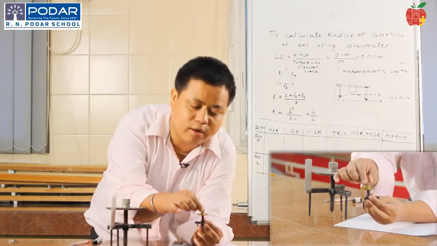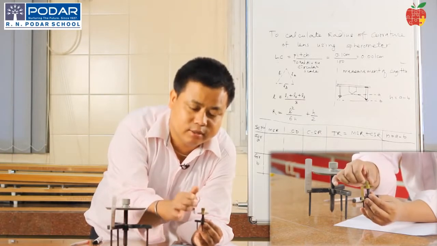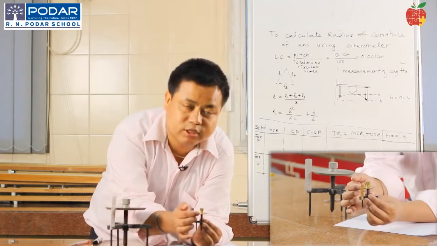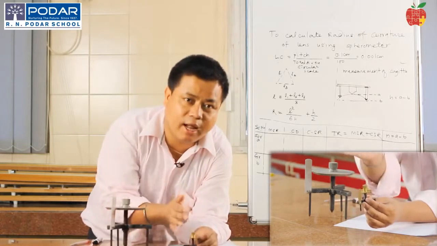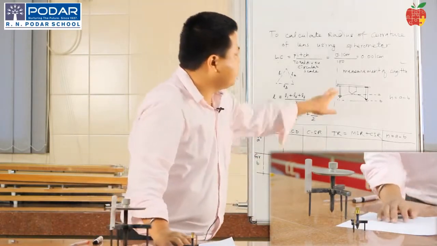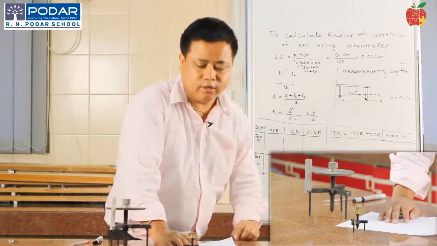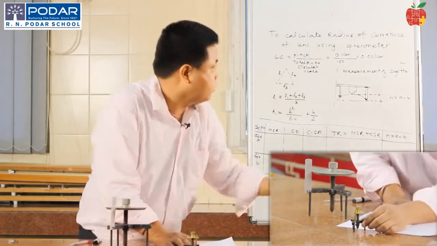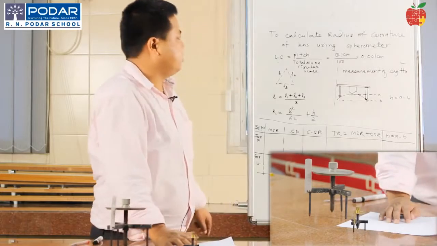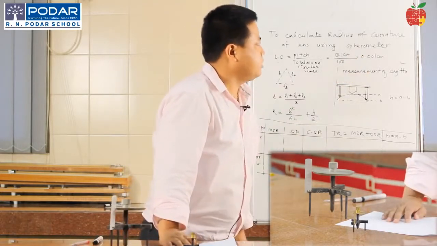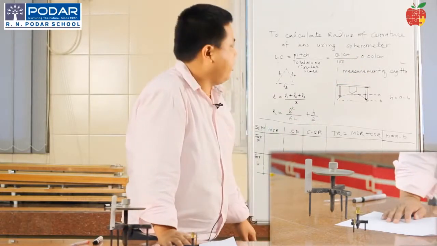So if I give one complete rotation, the circular scale moves upwards by 0.1 centimeter, and the total division is 100. So the least count of this instrument is 0.001 centimeter.